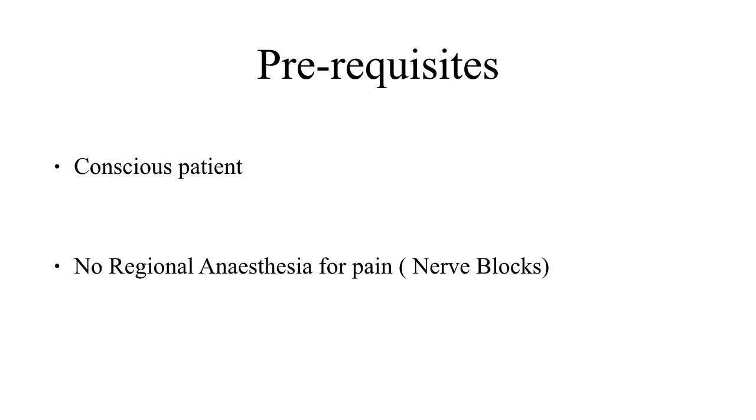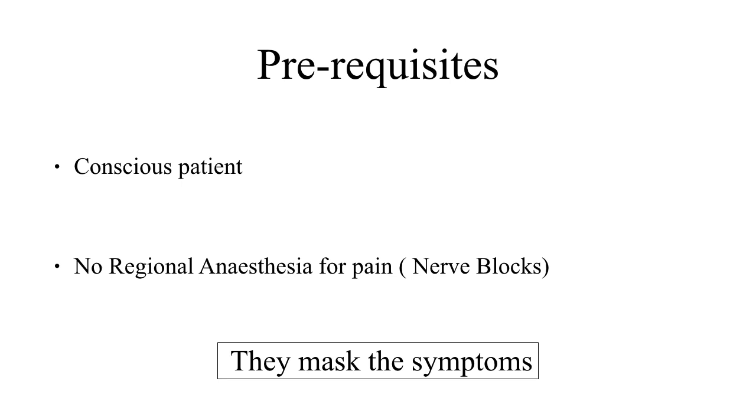Like for example, when there is an upper limb fracture, a brachial plexus block should not be given immediately before examining for compartment syndrome because in an unconscious patient and when a block is given, although compartment syndrome features are present, these two things will mask the symptoms and the diagnosis of compartment syndrome will be delayed.